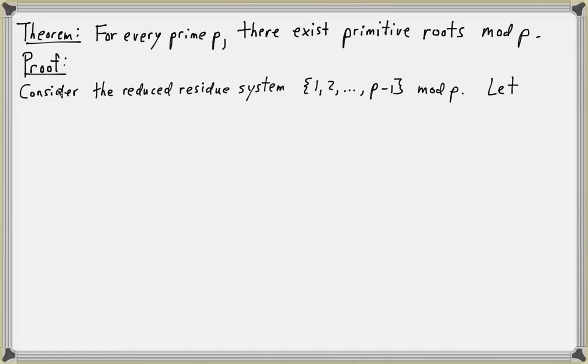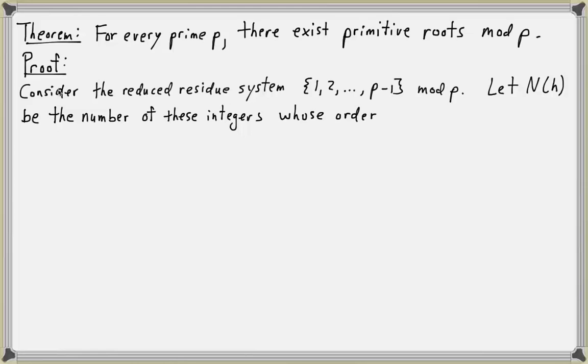So let capital N of h be a counting number: the number of the elements in this reduced residue system, the number of these integers whose order mod p is h.